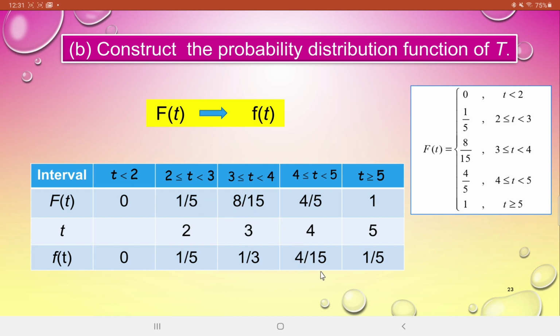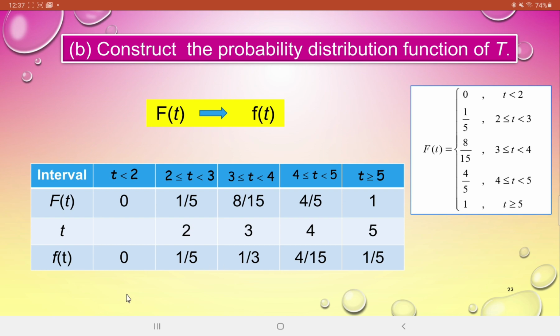And the next column, f(T) is equal 4 over 15. We get 4 over 15 from 4 over 5 minus 8 over 15. And the last one, f(T) is equal 1 over 5. 1 over 5 comes from 1 minus 4 over 5.